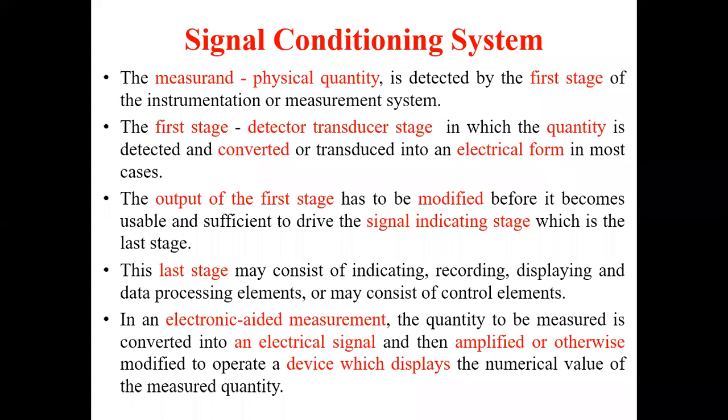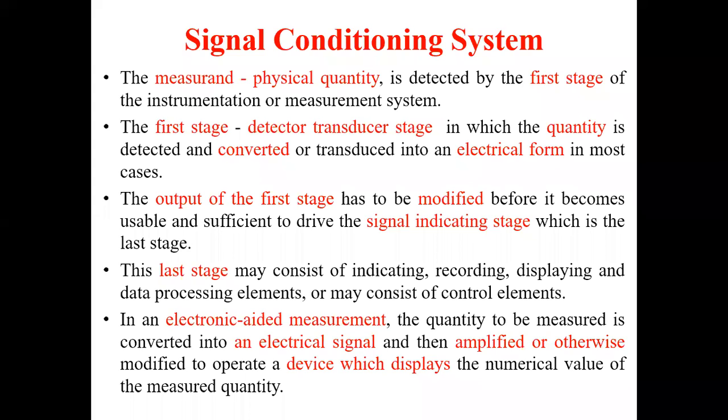That is, in order to have sufficient signal to drive the signal indicating stage, which is the last stage of the system. The signal indicating stage may be a display device, a voltmeter, or any other computer hardware.